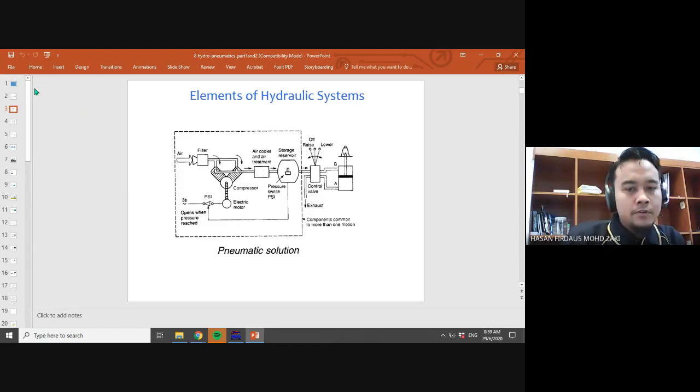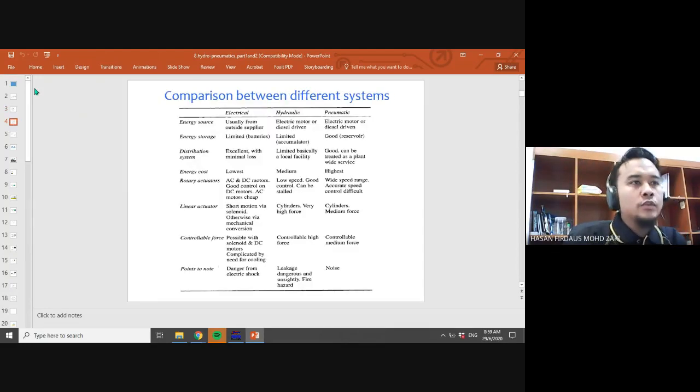For the ones that need explanation, I will go through them. These are the comparisons between these systems: electrical, hydraulic, pneumatics. If you see here, the linear actuator is different. Even the energy storage is different. You can go through it by yourself.